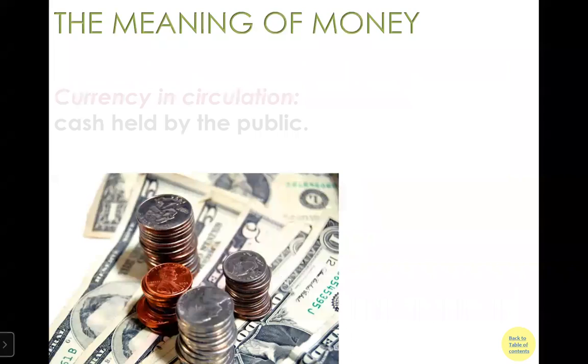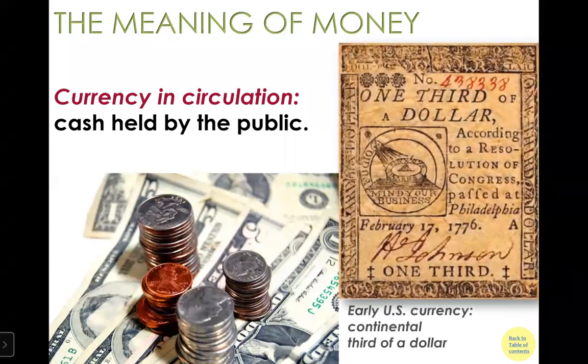Right. So now, before I explain in detail what money means and what kind of assets can be counted as money, let's look at a few concepts. First is currency in circulation. That is cash held by the public. Just look at your wallet, or just look at your safe, or some cash you keep at home for emergency use.